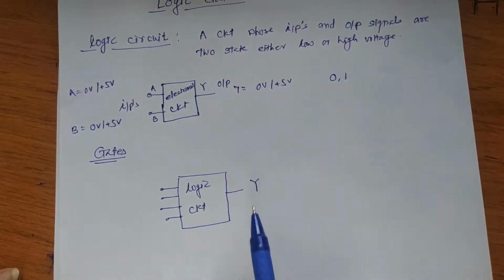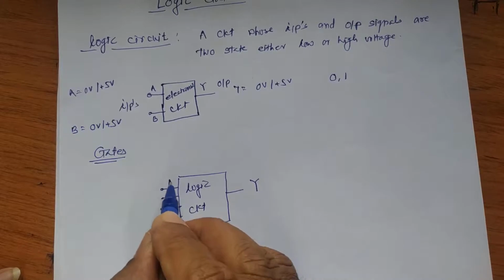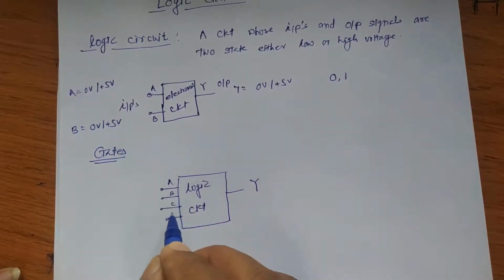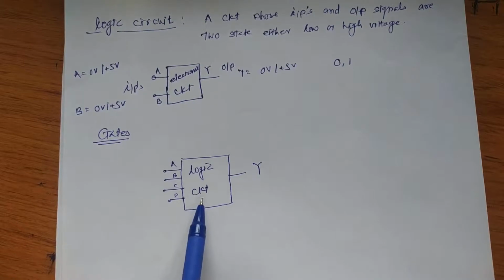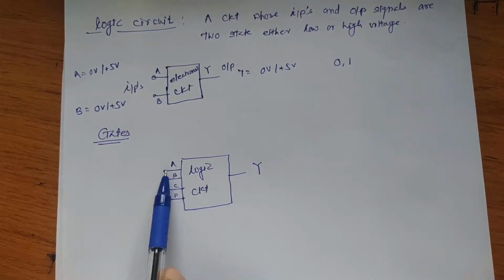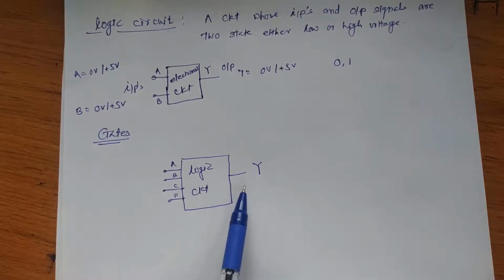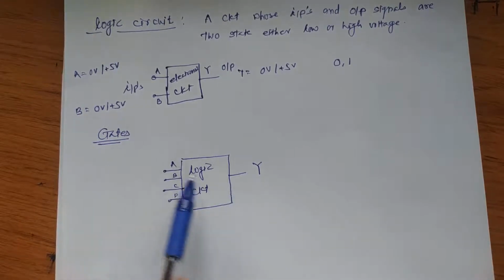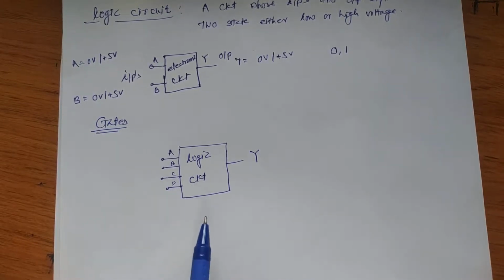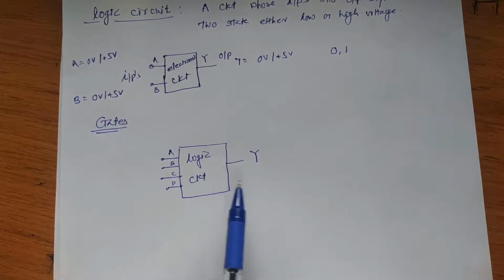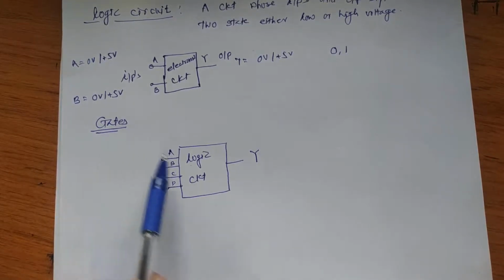Output is indicated by Y. Inputs are A, B, C, D. A logic circuit with one or more inputs but only one output, such a circuit is known as a gate.